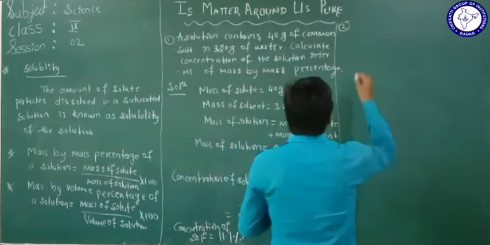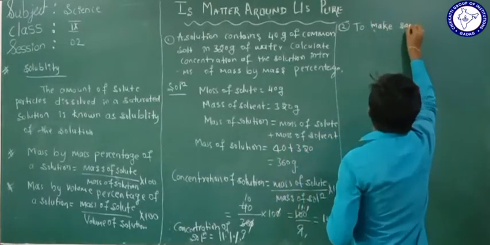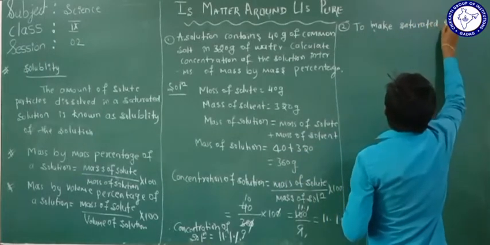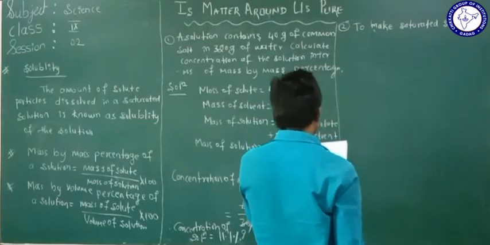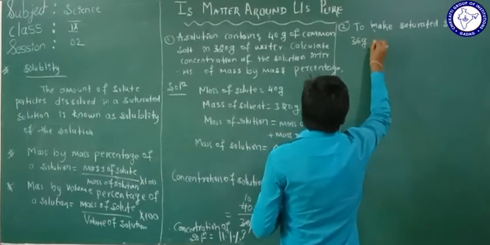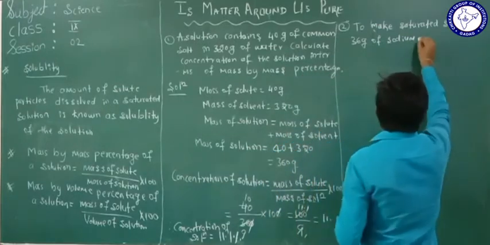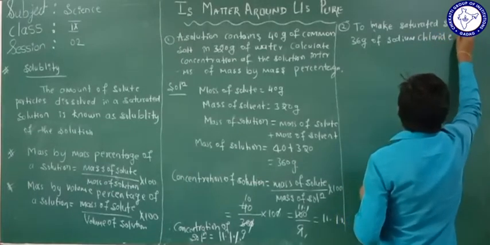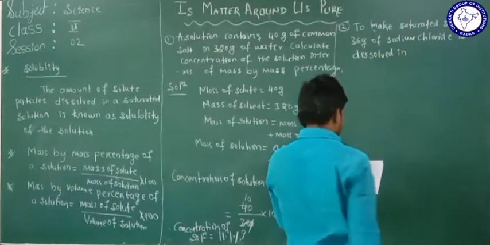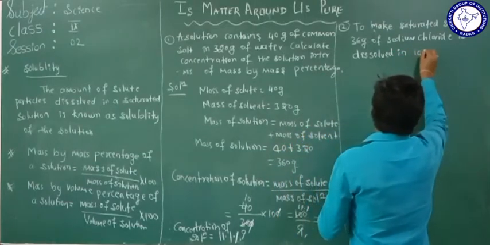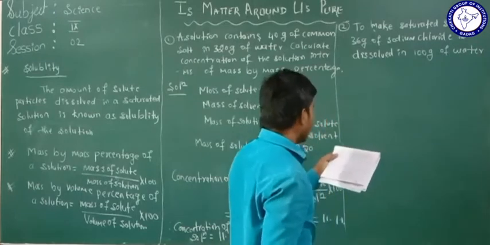To make a saturated solution, 36 gram of sodium chloride is dissolved in 100 gram of water at 293 Kelvin.